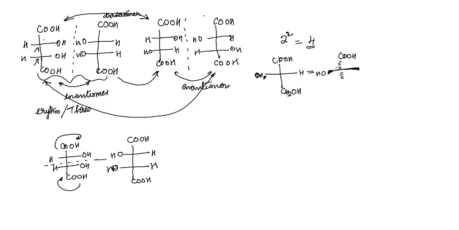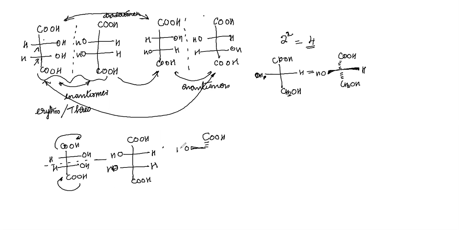Now see here. COOH, CH2OH. So this is the actual structure of this molecule. Now, while keeping this in your mind, we will draw this same structure here for this molecule. Remember, we are trying to draw the actual structure of this molecule and find out the relationship here. So see here very carefully.